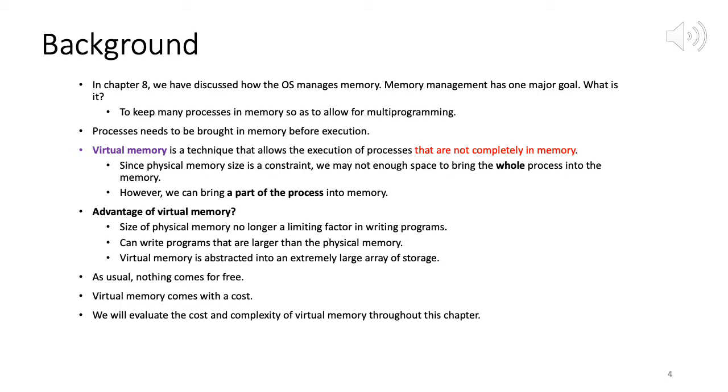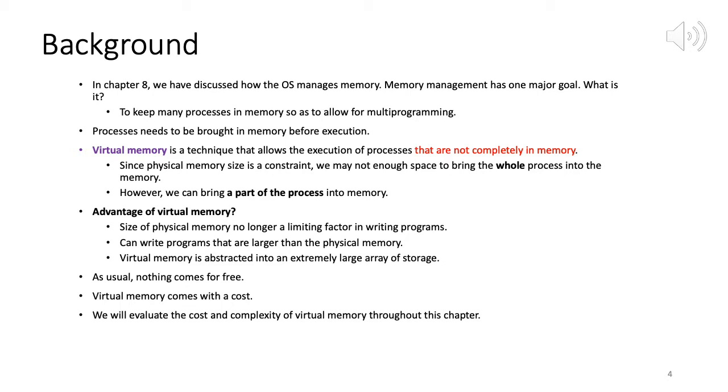And we also know processes need to be brought into main memory or physical memory before they can be executed. So we already know that we have two major kinds of memory: physical memory and virtual memory. One way of looking at it is physical memory is main memory or RAM, and virtual memory may be your disk.